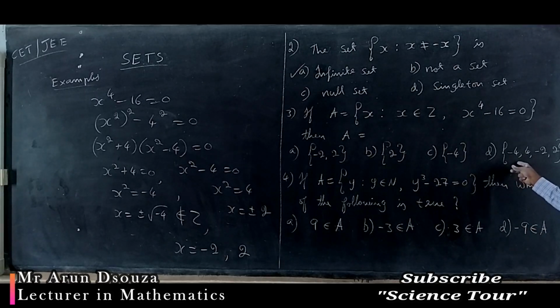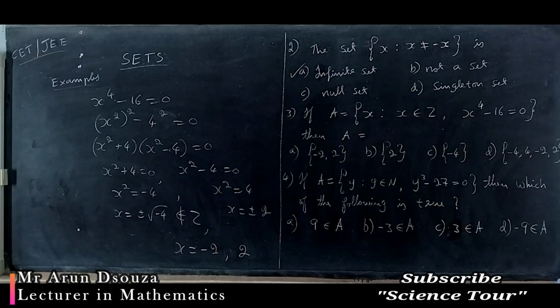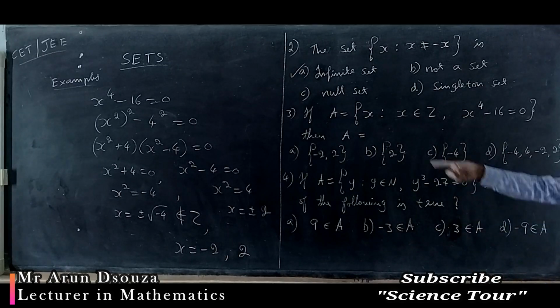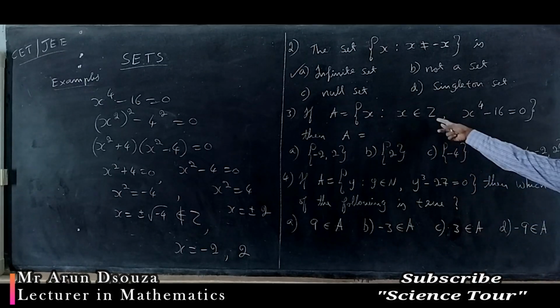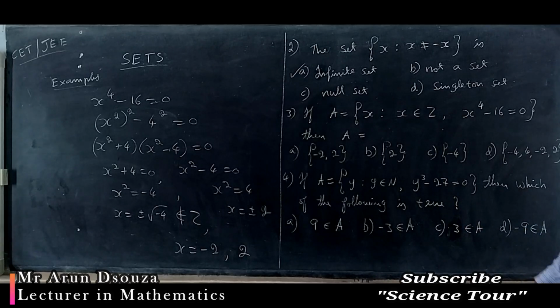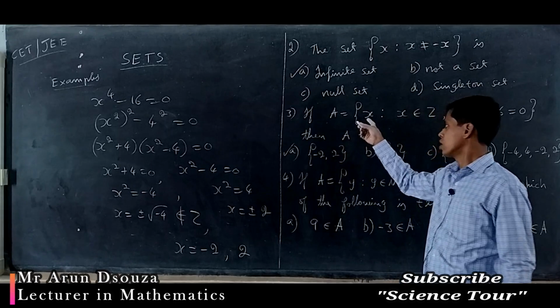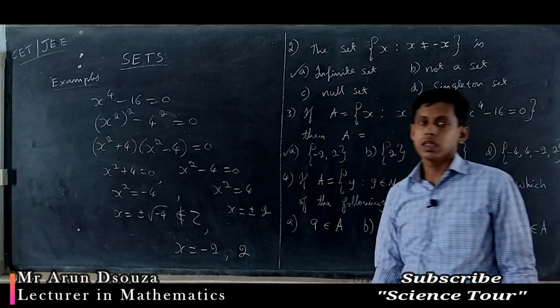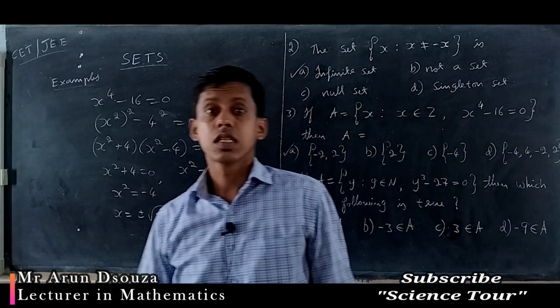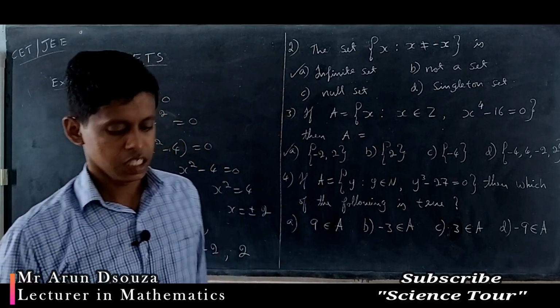You might have been thinking that this is a power of 4, therefore I should have 4 outcomes. That's not the case here, because 2 are complex, they are not integers. Integers are only minus 2 and 2, therefore the first option is right. Only minus 2 and 2 can be written in this set, because the condition is it should be an integer.